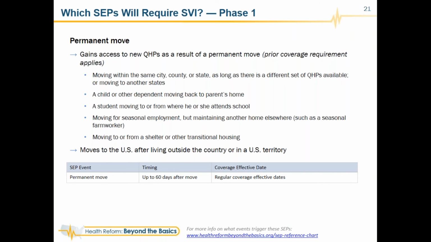So it may be that you qualify for more than one SEP. One of them does not require verification and the other does, but the one that your EDN is going to select for you might be the one that requires a verification. Okay.